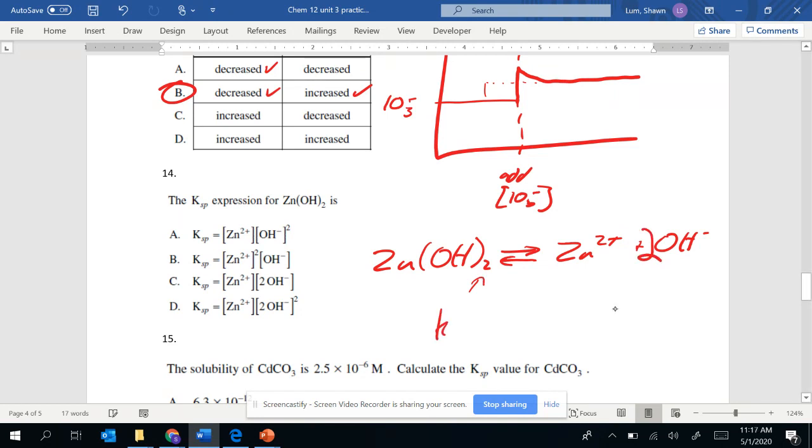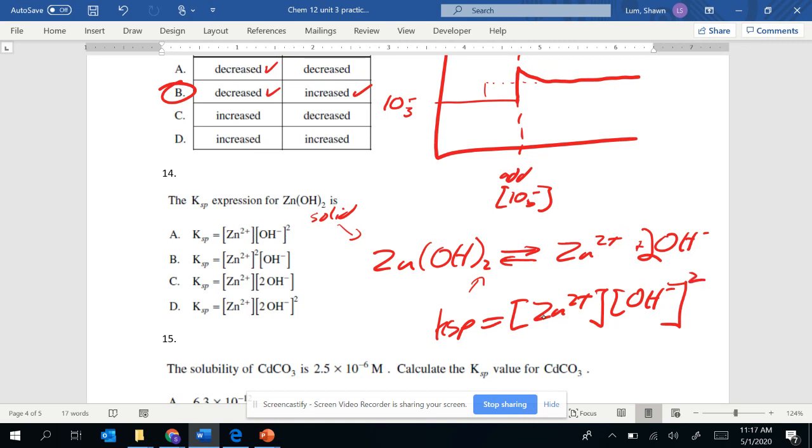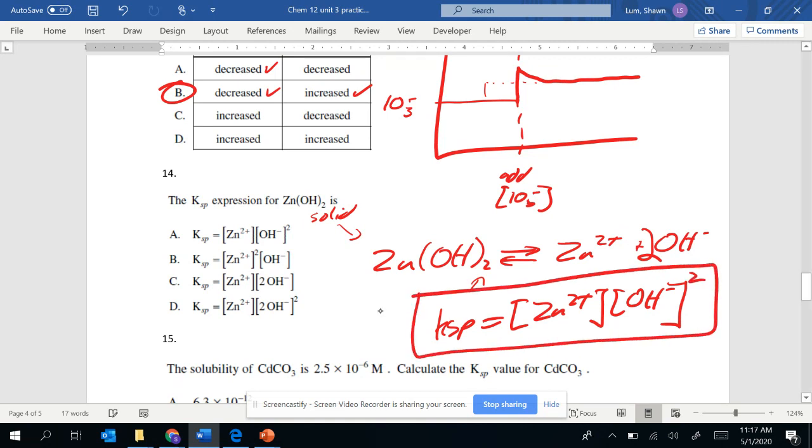So again, Ksp equals... this is a solid, this does not go into our expression. So it equals our concentration of Zn2+ times our concentration of OH minus. You don't put those 2's in front right here. What happens with that 2, remember, is that it turns into a square right there. So this is our Ksp expression.